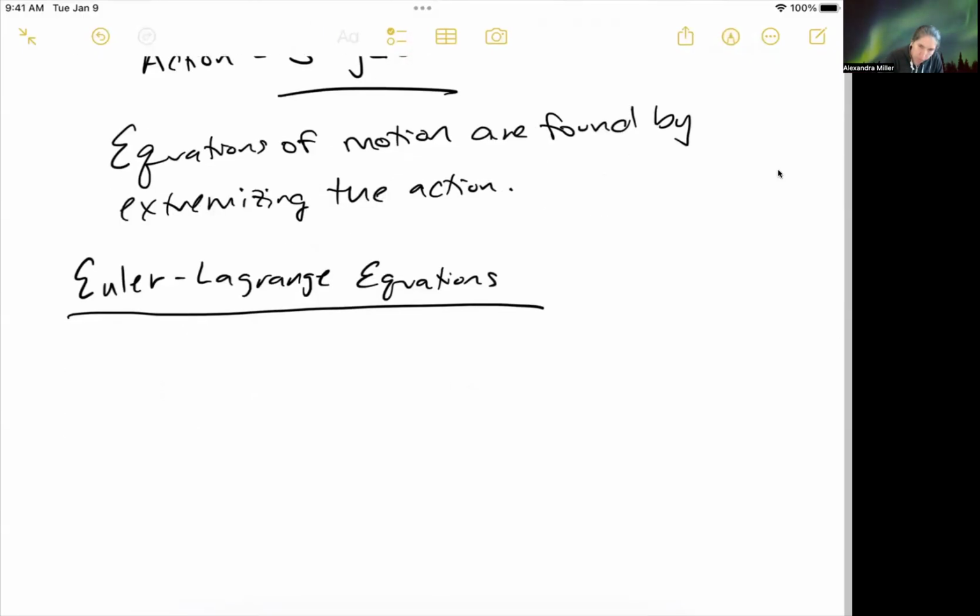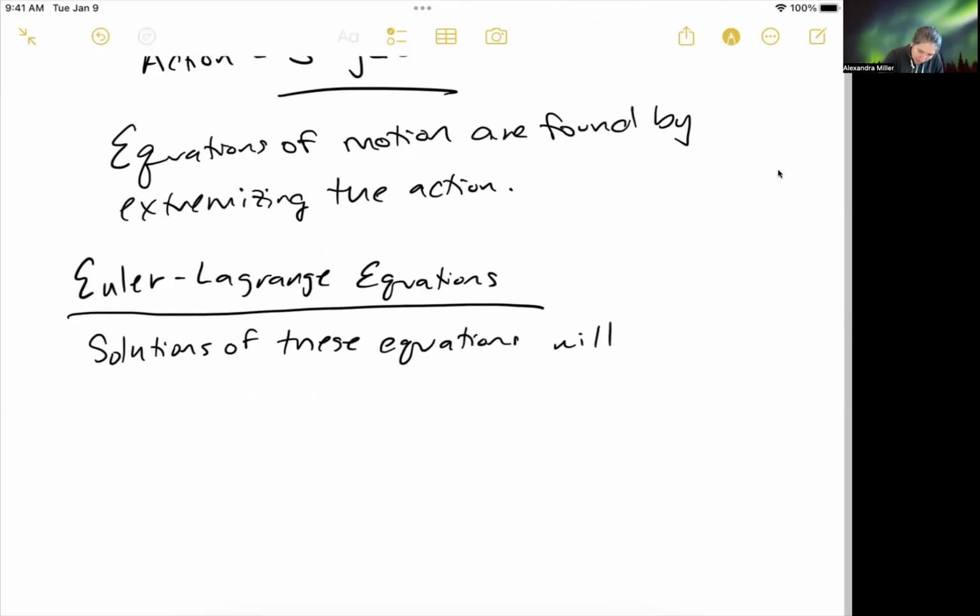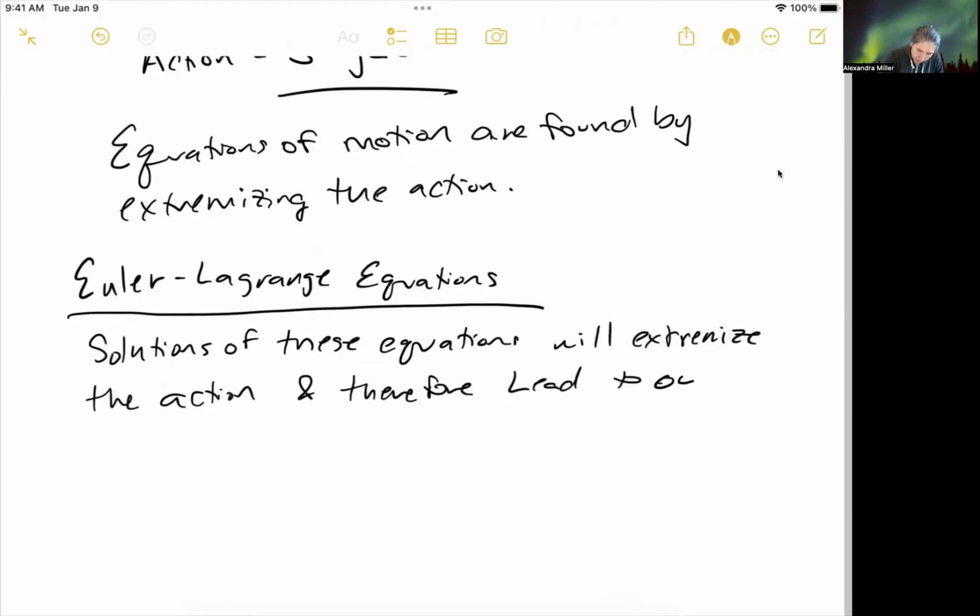So the solutions of these equations will extremize the action and therefore lead to our equations of motion.